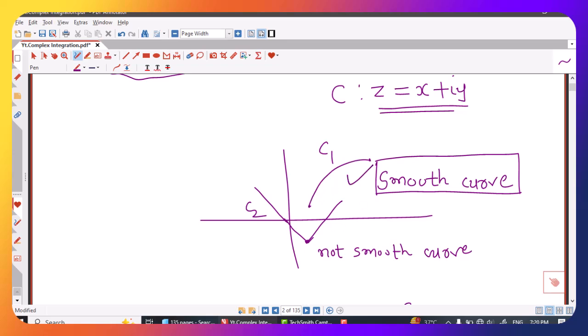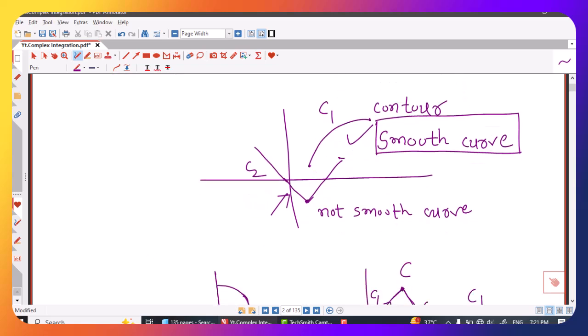So this is a smooth curve, this is not a smooth curve, but both of these are contours. C1 is a contour because it is a union of one smooth curve. C2 is also a contour, because we can consider it as a union of C2 and C3.